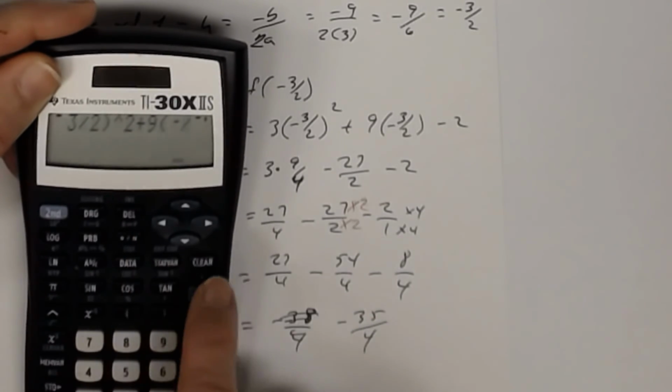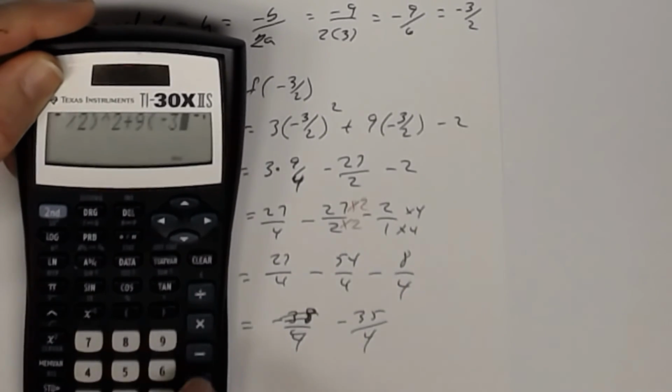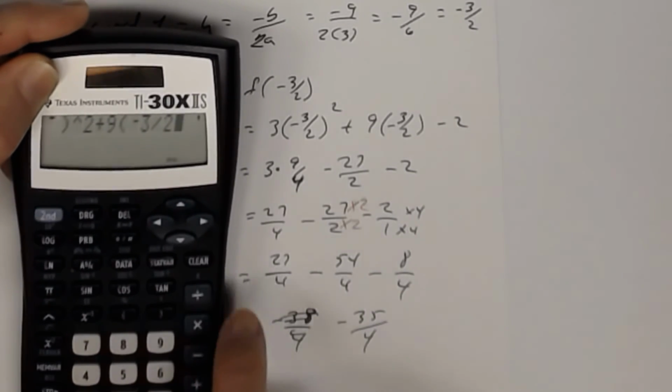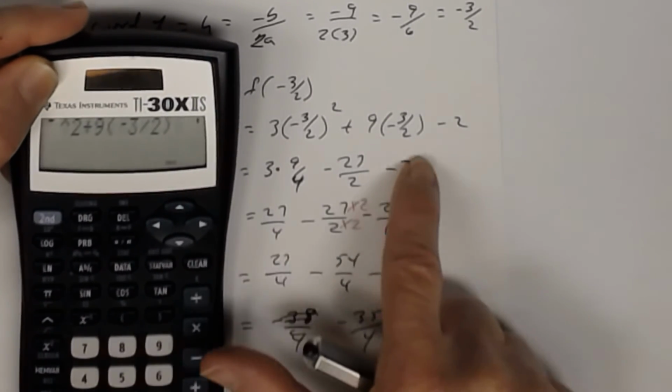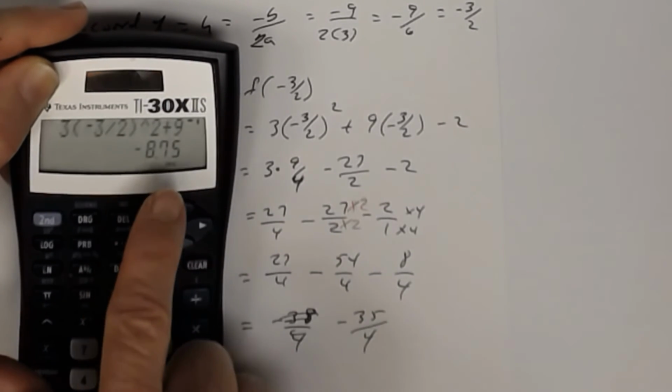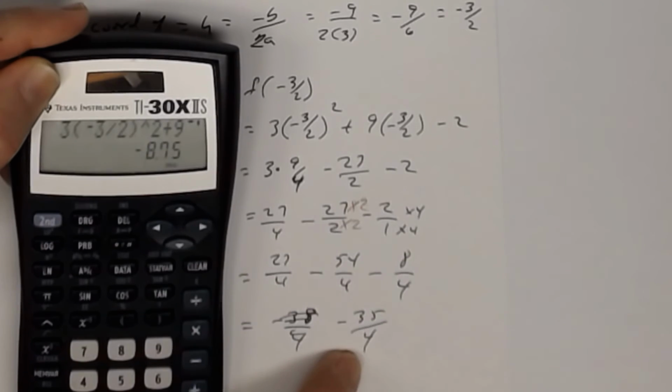Oh, got it. So let's do it again. So 3 times negative 3 divided by 2, close the parentheses, and then subtract 2. And you get negative 8.75, which is this.